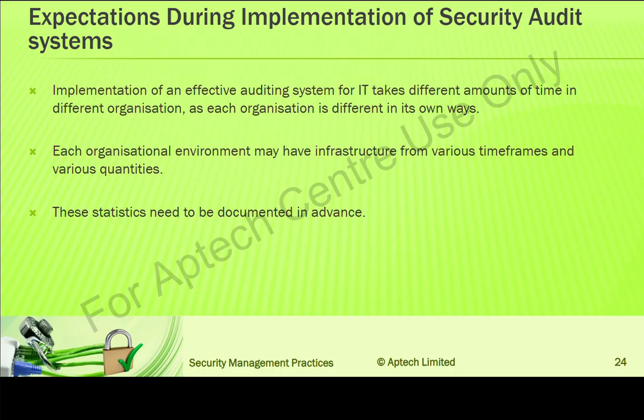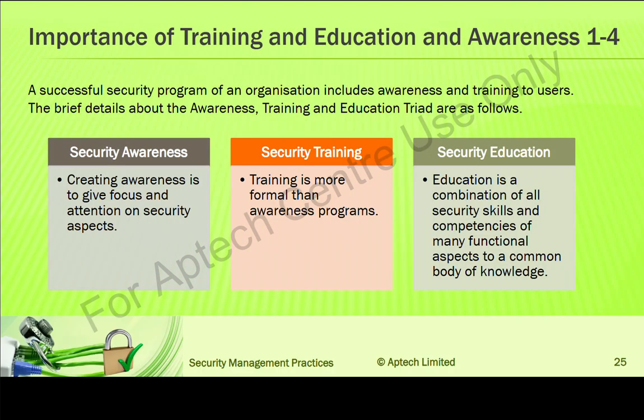And then the importance of training, education and awareness. One, a successful security program of an organization includes awareness and training for users. And then the brief details about the awareness, training and education are as follows.